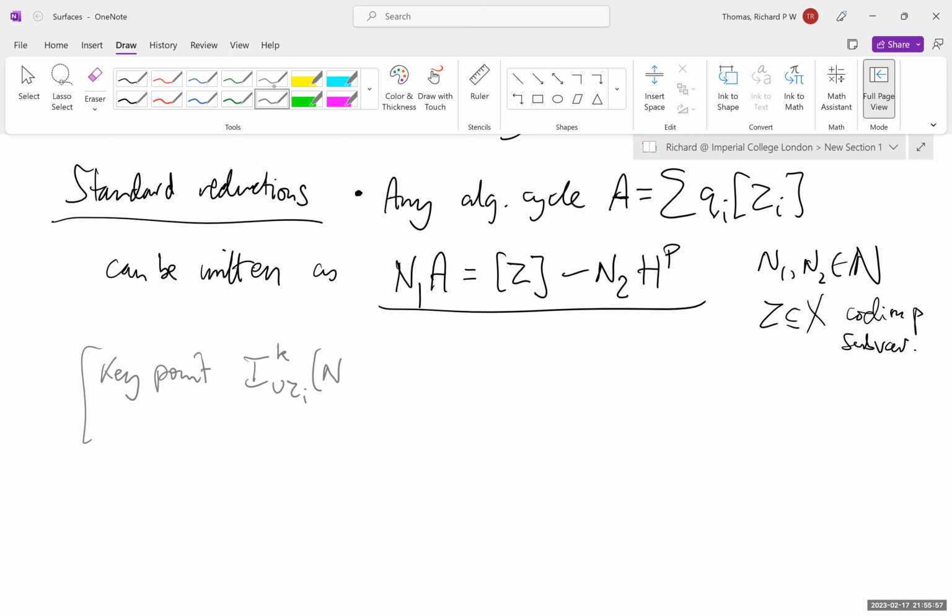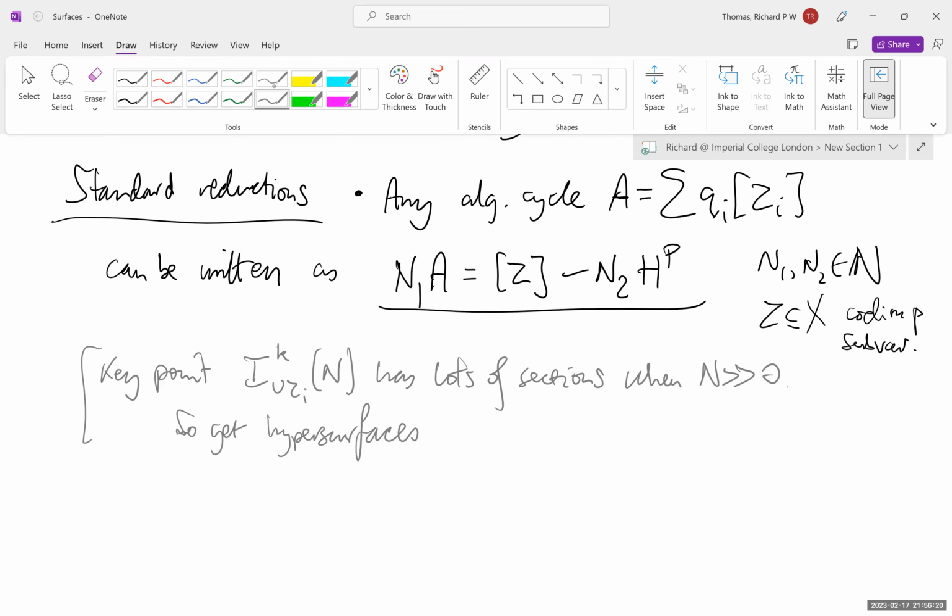Once I twist it up by some huge n, this has lots of sections, once n is large enough. So what do those sections cut out? We get hypersurfaces containing the Zi's, or in fact multiples of the Zi's.